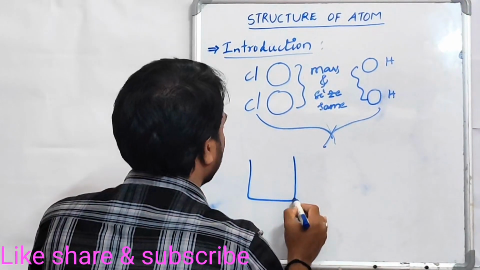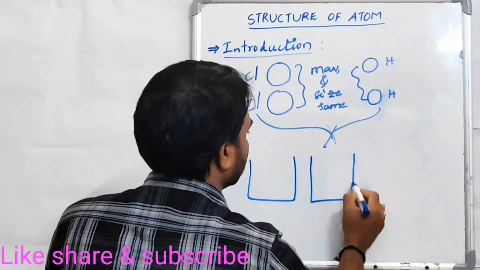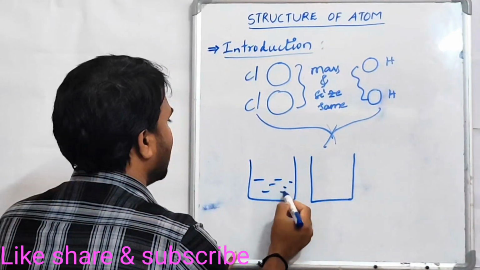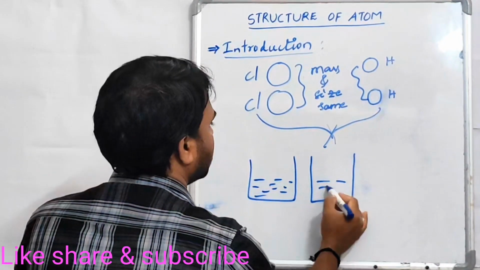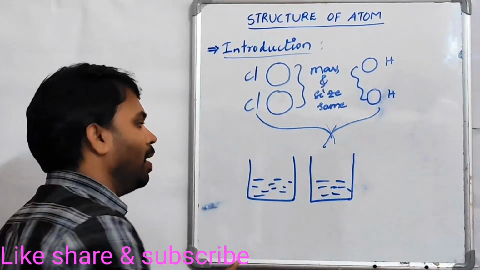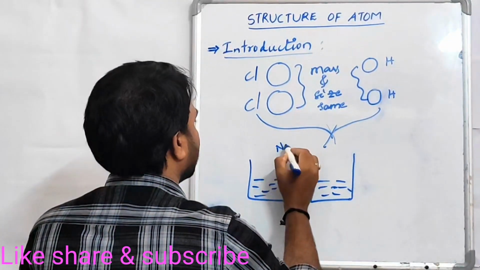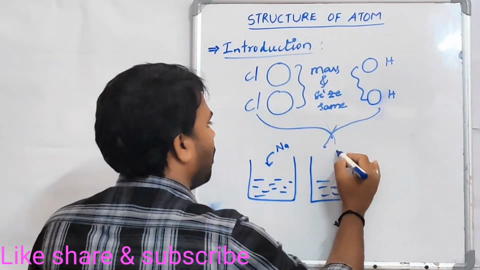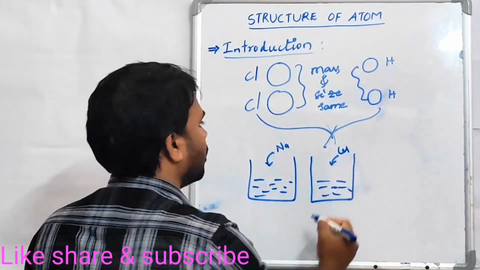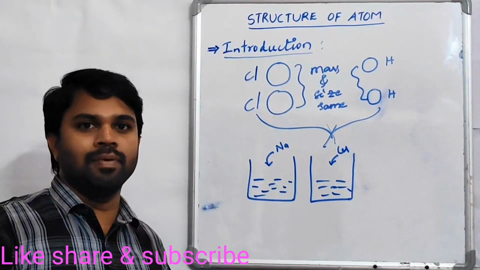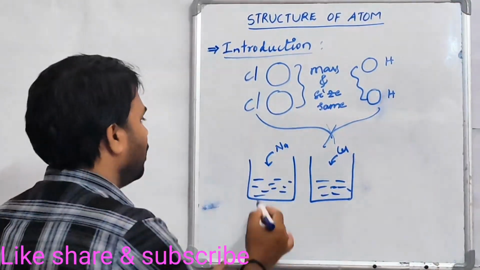Now, I am taking two containers. I have kept an equal amount of water inside these containers. In the first container, I am adding sodium atom. In the second container, I am adding copper atom. In the first container, after adding sodium into the water, an explosion will happen.